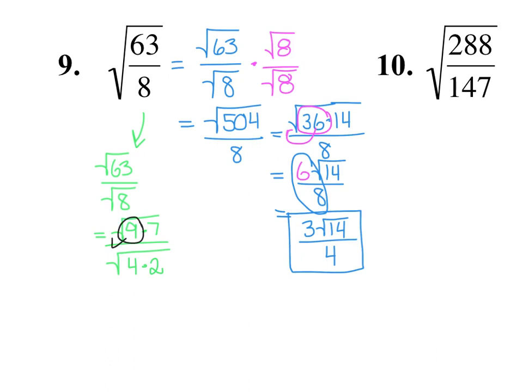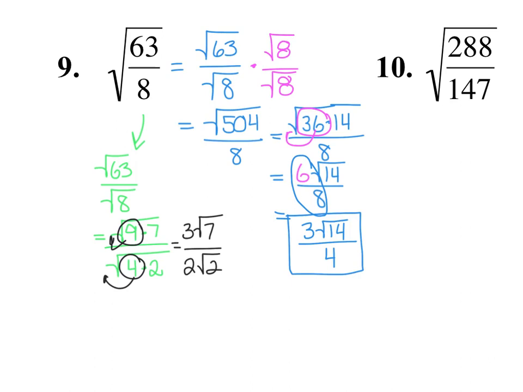Okay, so with this 9, it would be a 3 root 7. And then with this, it would be a 2 root 2. But we still have the issue of having that radical 2 in the denominator. So what I would have to do is rationalize, square root of 2 over square root of 2.